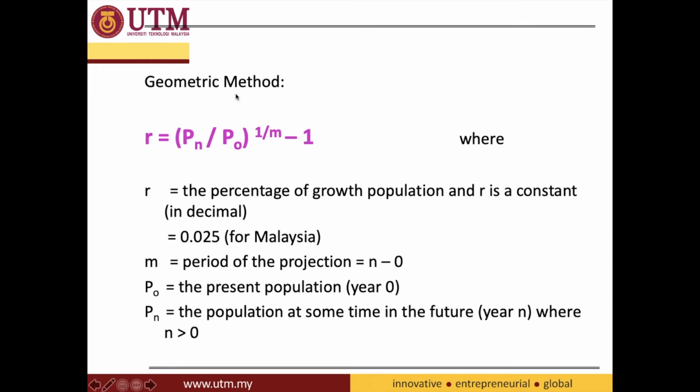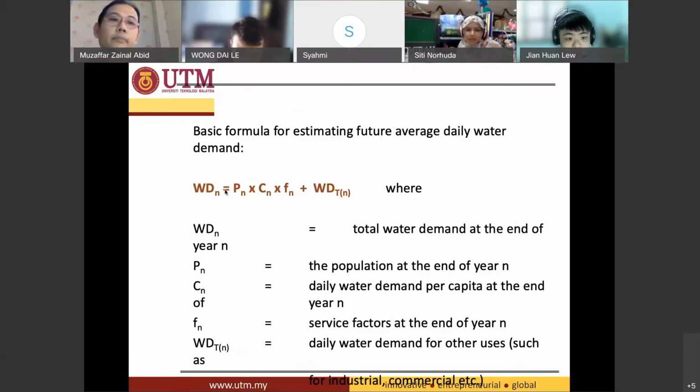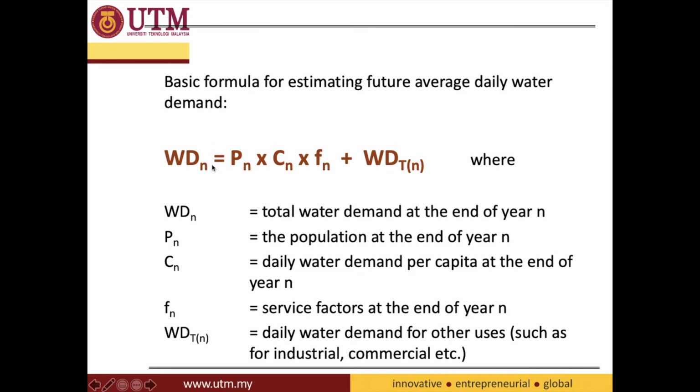From the formula of the percentage growth of population here, you should be able to find out the Pn or the population of the year N. The information on the population of the year N is needed for us to estimate the water demand in the year N. This is the water demand in the year 3000, equal to the population in the year N. So for our case, the population in the year 3000 multiplied with the Cn.